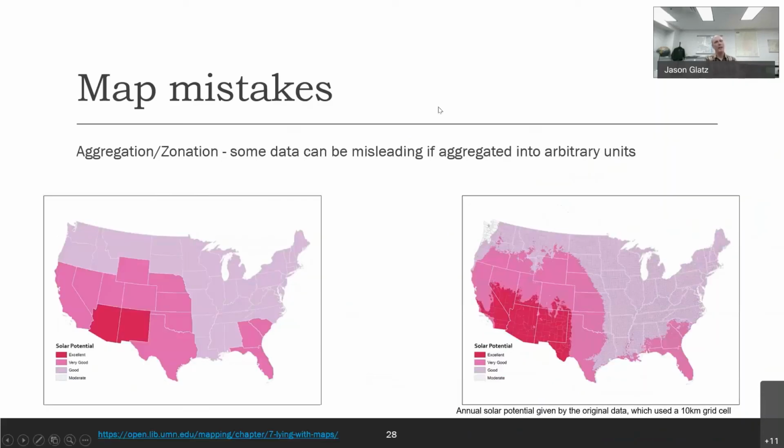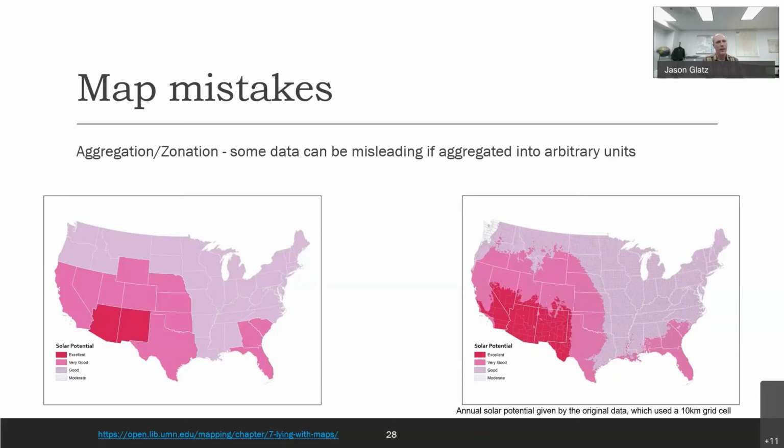One other common thing that we get with maps is when you assign arbitrary man-made units to natural phenomena. On the right, we have solar potential by a 10-kilometer grid. When you aggregate them down into states, it sometimes can present a misleading or not quite as accurate an understanding of what's going on.